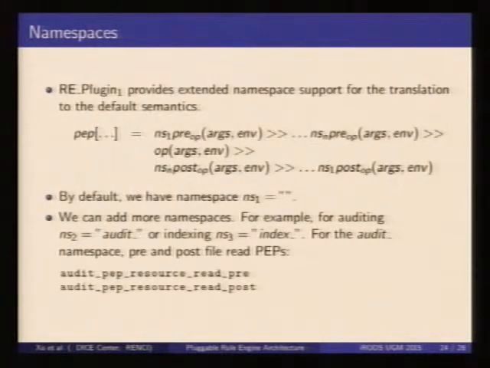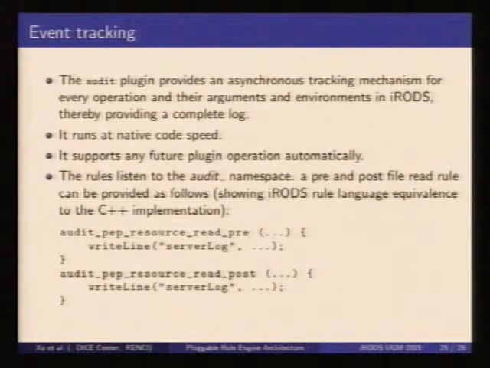It requires a much deeper understanding of the rule language to do it correctly. Now it's simple. There's an Audit plugin which provides this capability. The Audit plugin is an example of a fixed semantics plugin, which means it's a rule engine plugin that encapsulates a fixed set of rules. The user cannot change the rules; the user can use the rules.